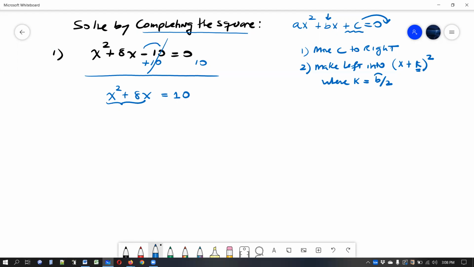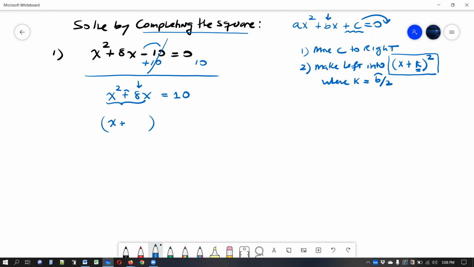So let's take a look at this example. I need to end up with this on the left. So parentheses, the variable is x, so you're going to write x here. Whatever this sign is, you're going to put it over here. And this is my b.